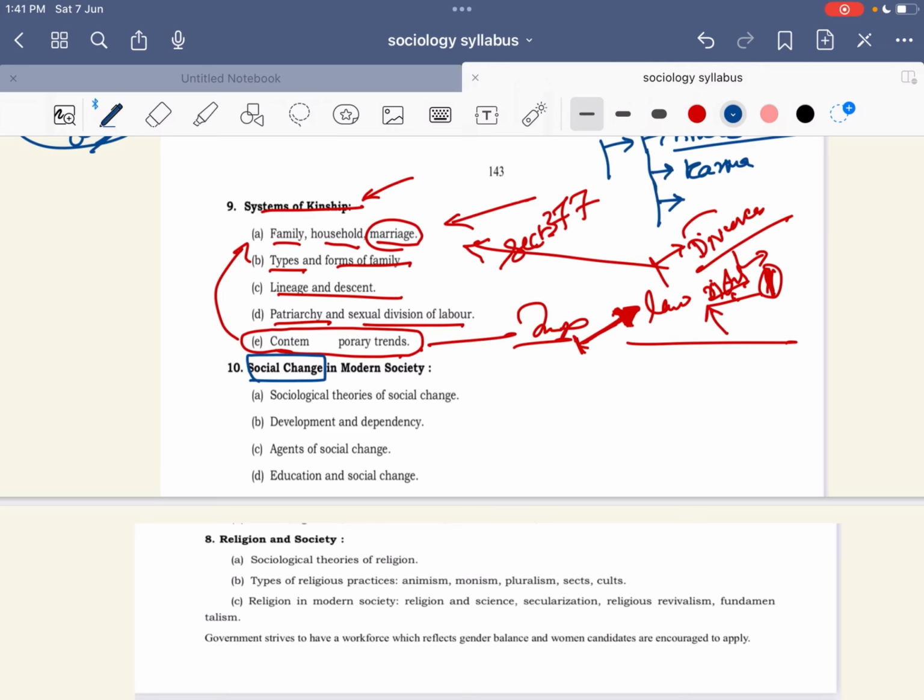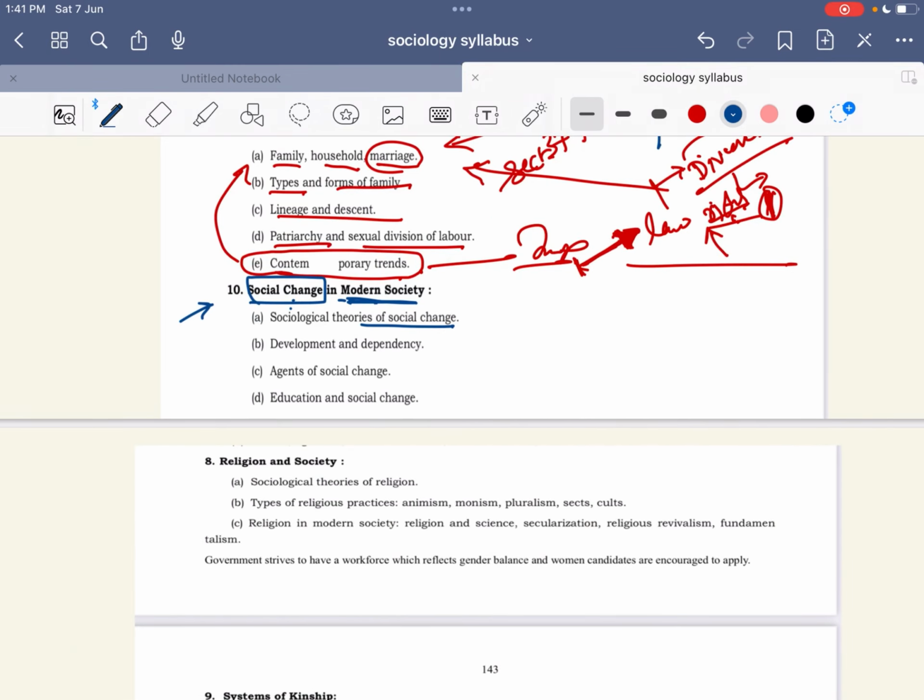Through social change. Social change and modern society. Why has it been given as social change and modern society? Because from ancient society to modern society, how has it transformed? Through social change only. So you think now why UPSC has given sociology and modern society here?